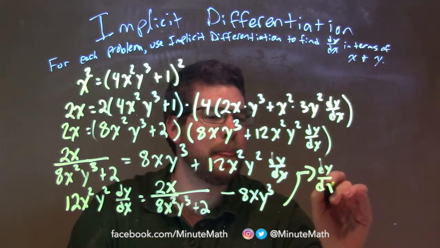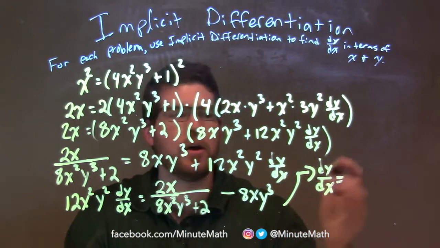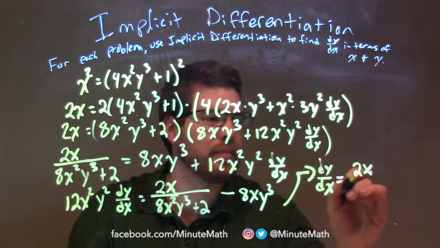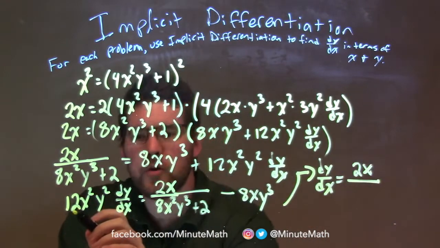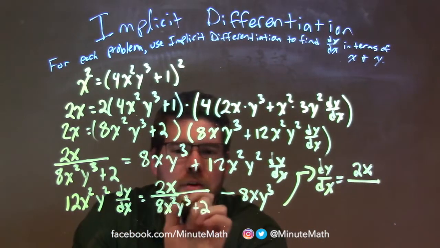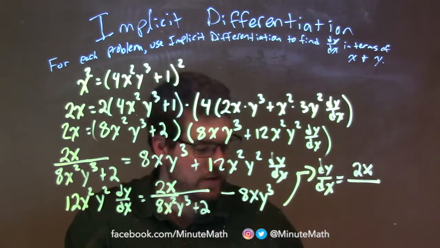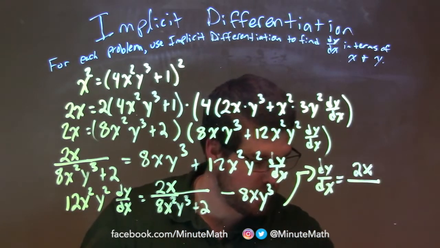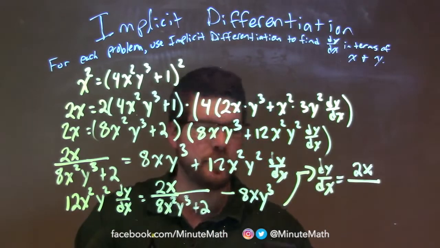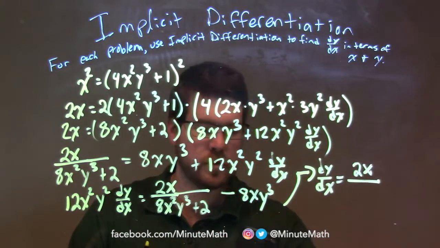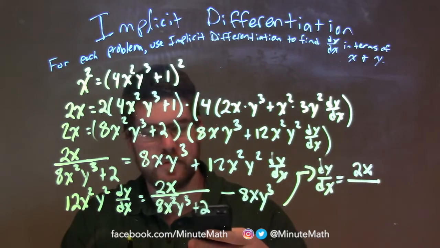dy dx is equal to, well, 2x stays up top, over, okay, dividing 12 to both sides goes in this denominator, okay, and 12 times 8.